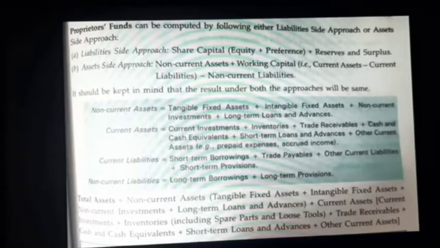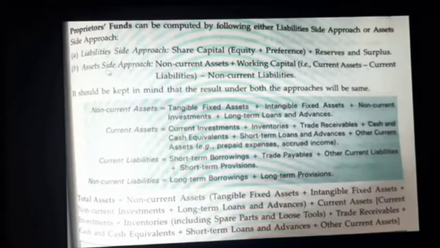In that, the formula to get the proprietor's fund is share capital, it may be equity or preference, whatever it is. If there are both, you have to add both items as share capital, plus reserves and surplus. So adding these three items, you will get proprietor's fund. This approach is known as the liability side approach.